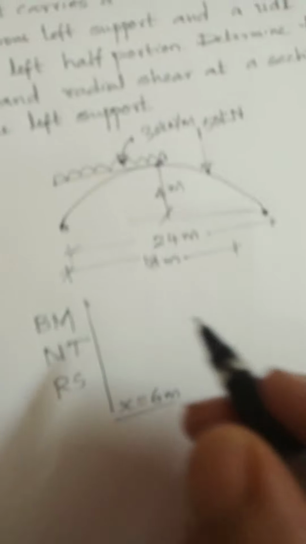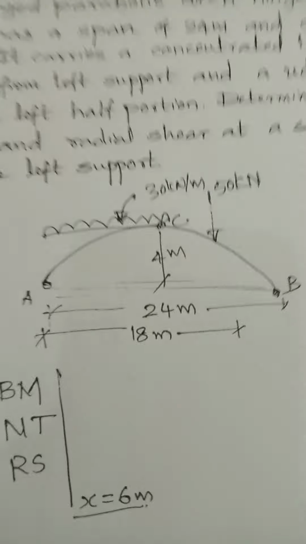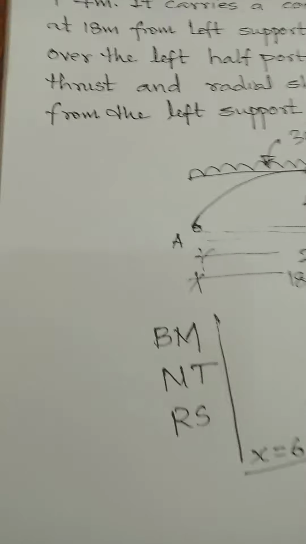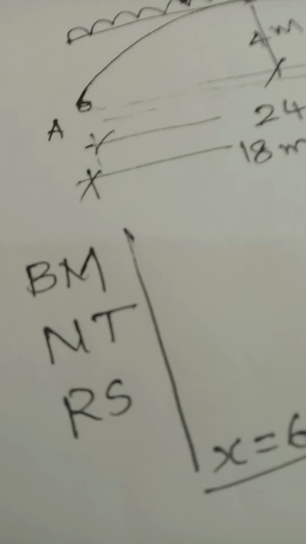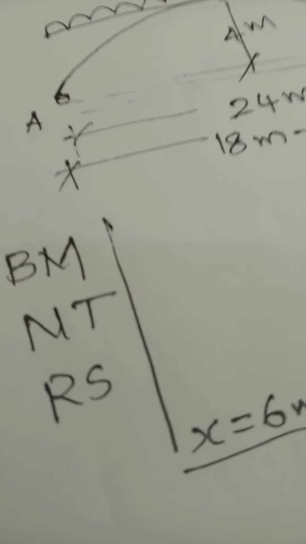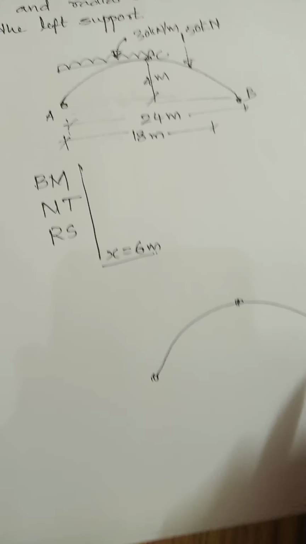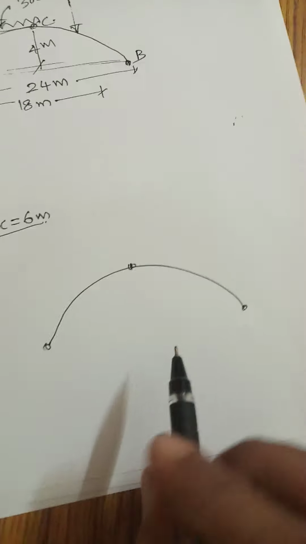So we'll give the names A, B and C and try to find out the reactions. Since these are the 3 hinges, we'll be finding out the reactions there.